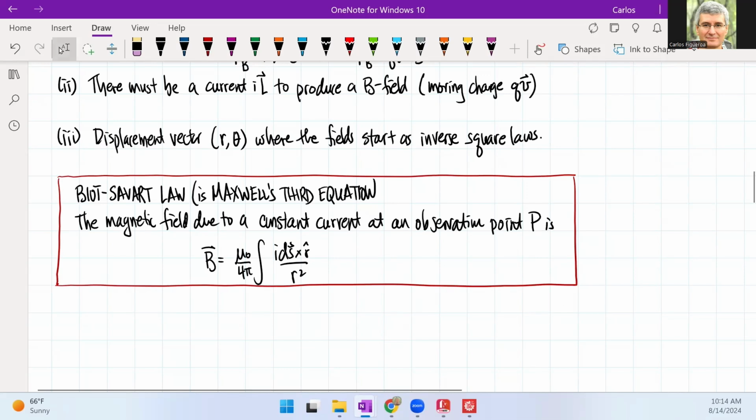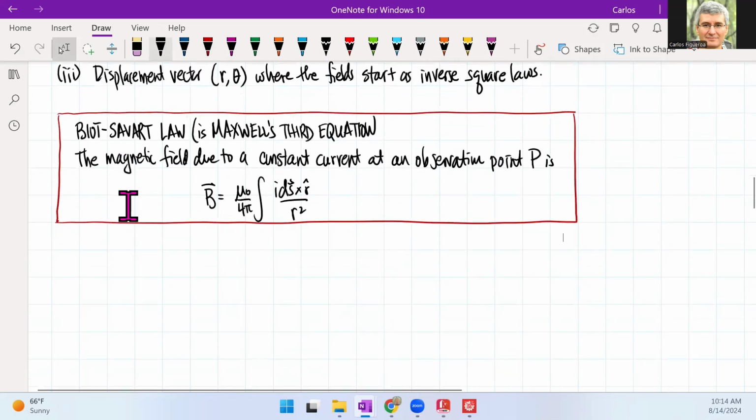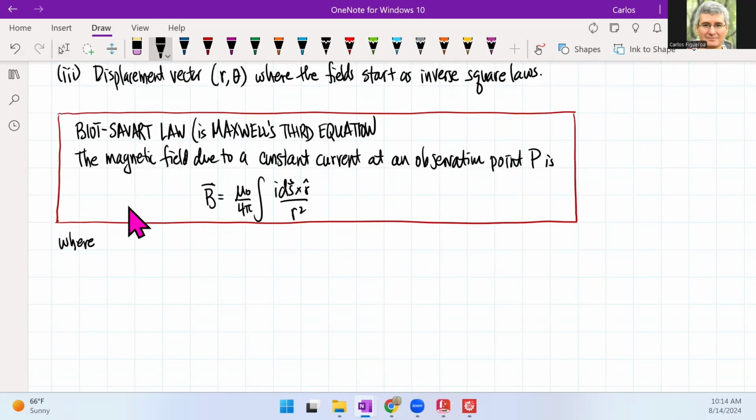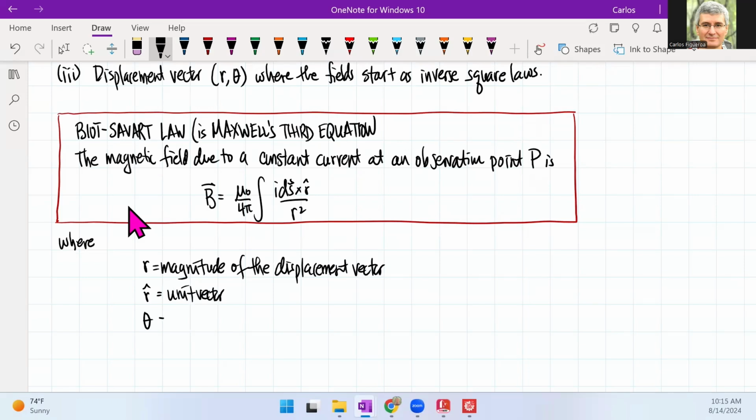So just to be careful, because we haven't done this in a while, r is the magnitude of the displacement vector, r hat is the unit vector in the direction of r, which then leads to our angle theta.